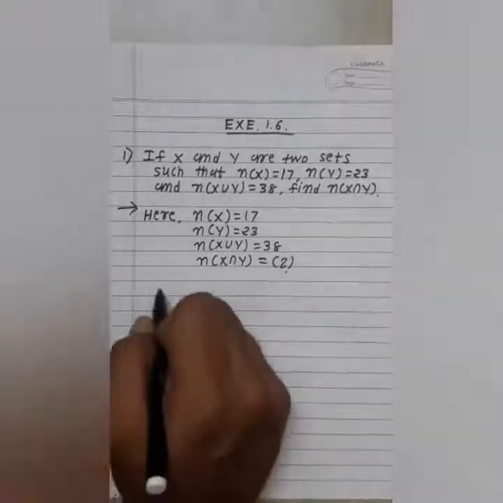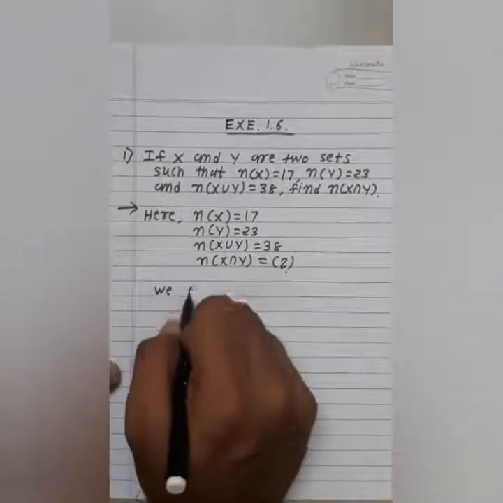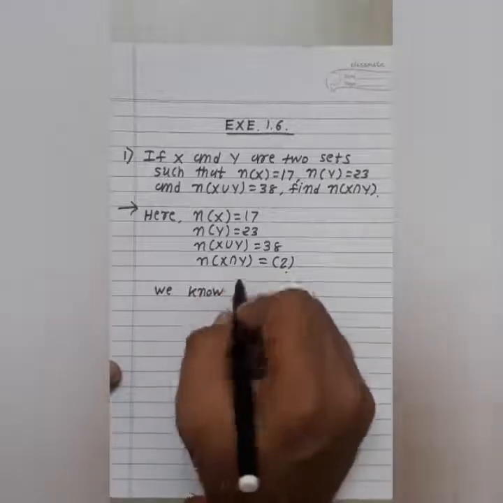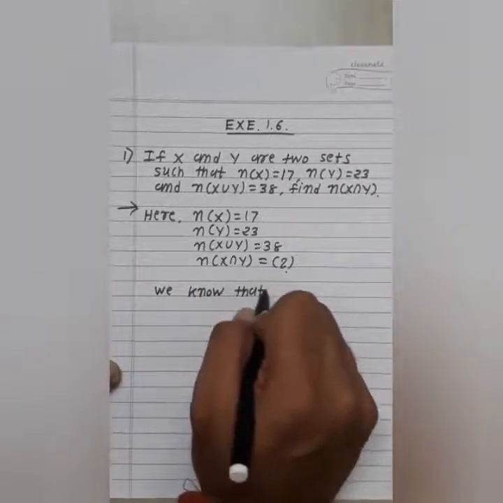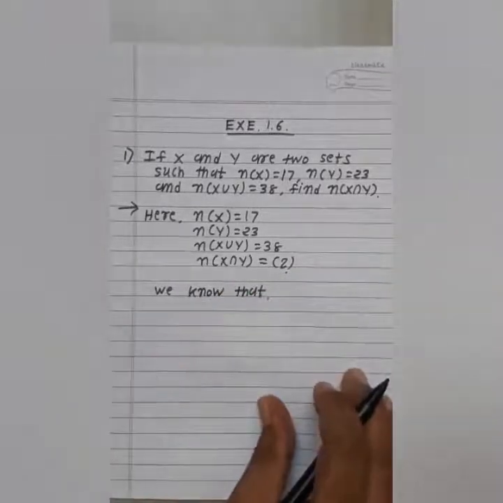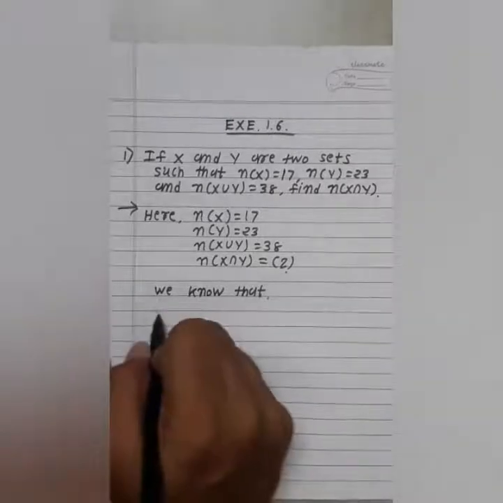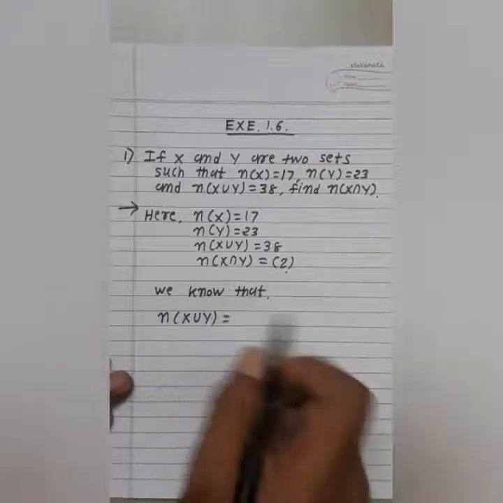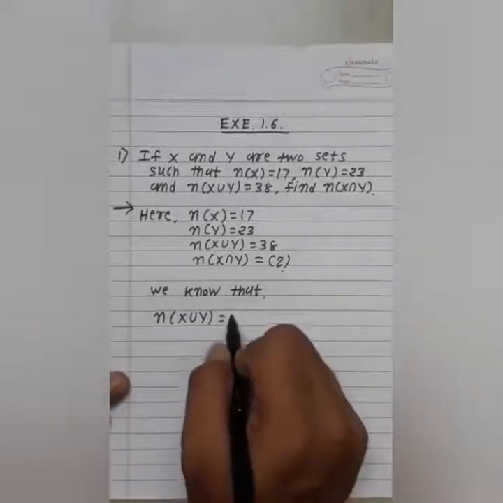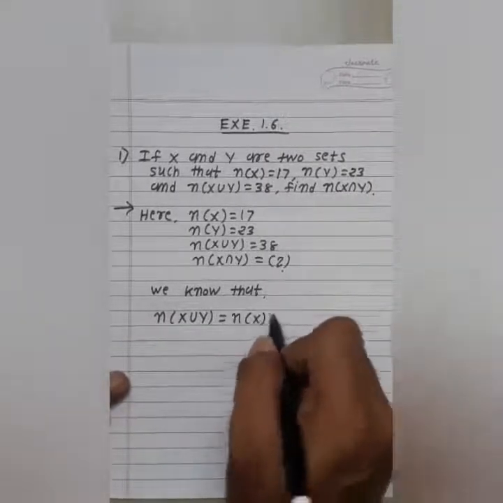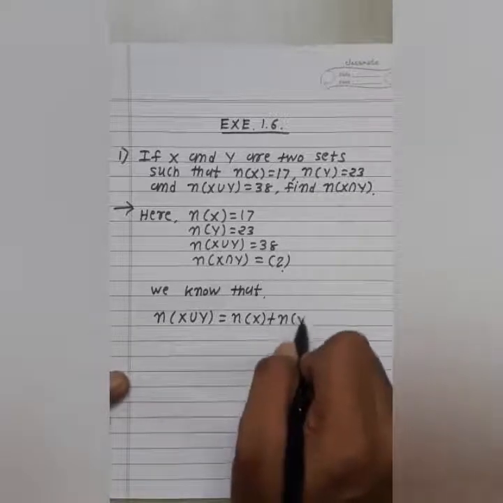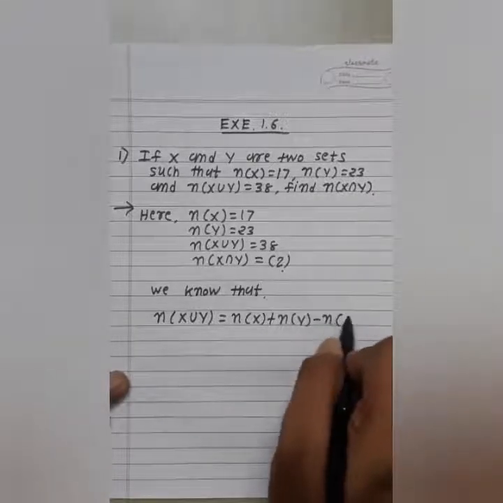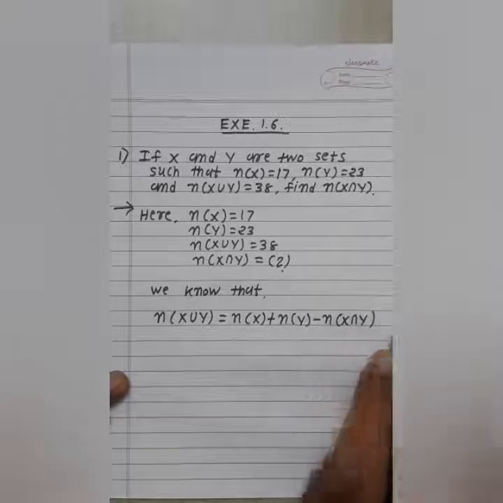So we know that n of x union y is equal to n of x plus n of y minus n of x intersection y.